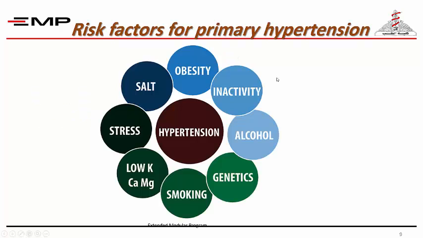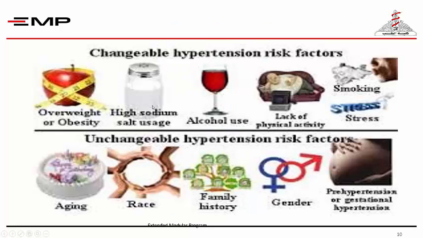Risk factors for primary hypertension include obesity, inactivity, alcohol abuse, smoking, a low potassium, calcium, magnesium diet, increased salt, sodium diet, stress, and genetics. Risk factors for hypertension can also be classified into modifiable or changeable risk factors and unchangeable or unmodifiable risk factors.